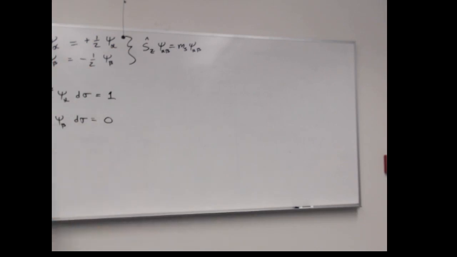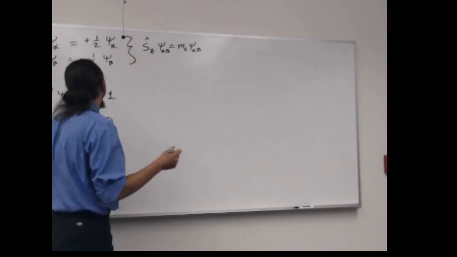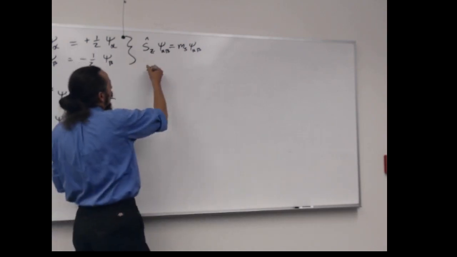Spin. Electrons have spin. It's just like charge and mass. It's another property of the electron. And spin is a terrible word for it. Now, the reason it was called this is because it was recognized that it had some angular momentum associated with it, right?